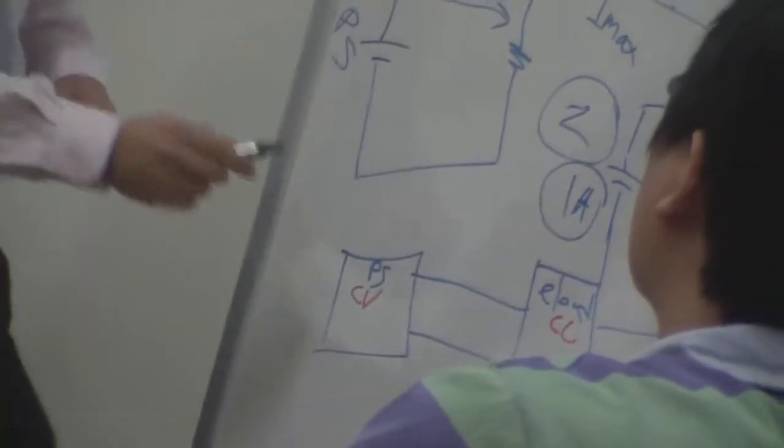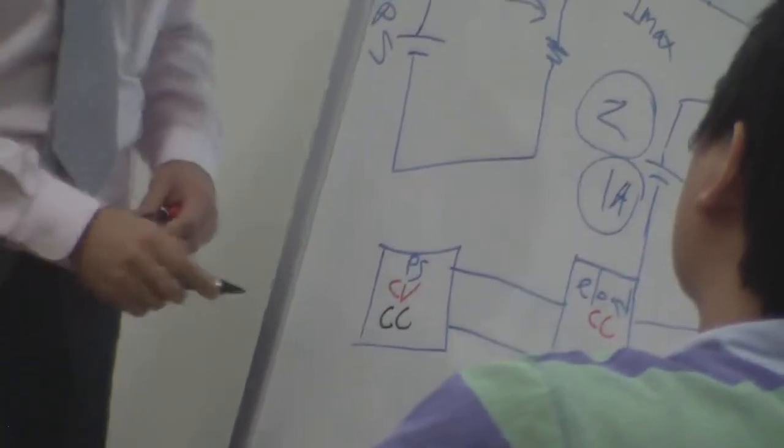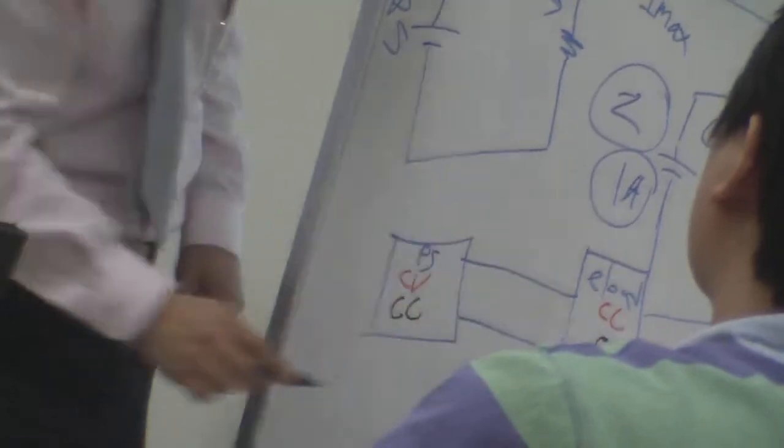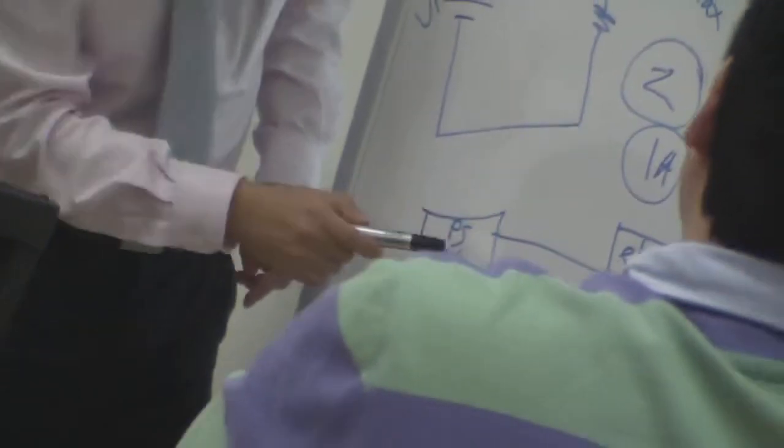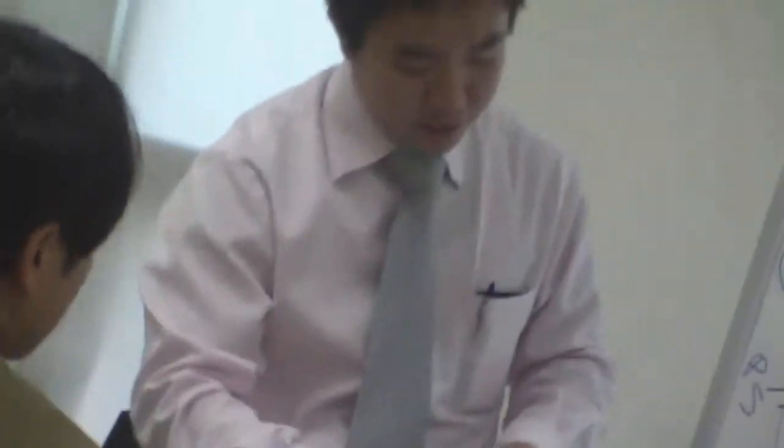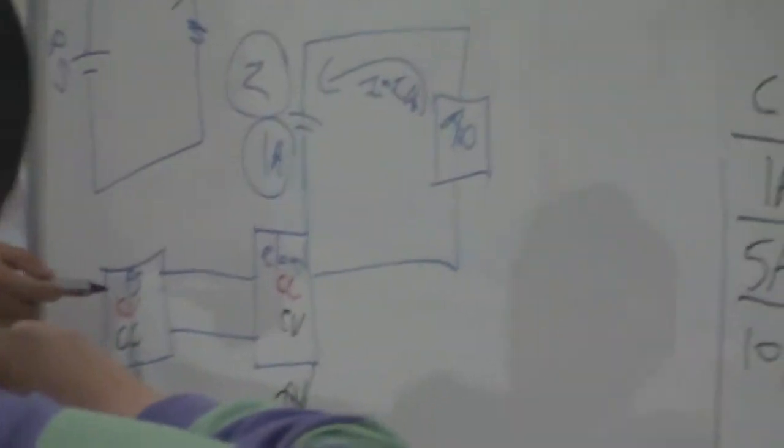And if the power supply is constant current, the E-load has to be constant voltage. So it has to be different. You cannot have this be CV and this be CV at the same time. Yeah, it's a conflict. Whatever's here has to be different from whatever's there.